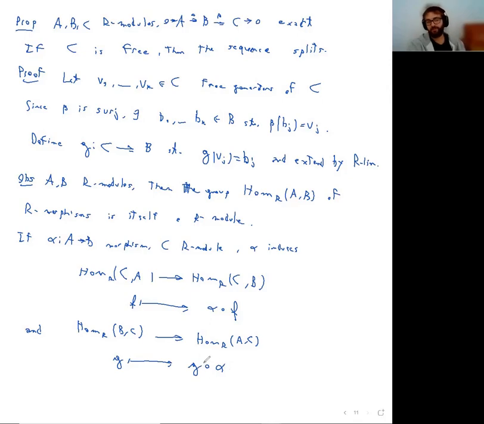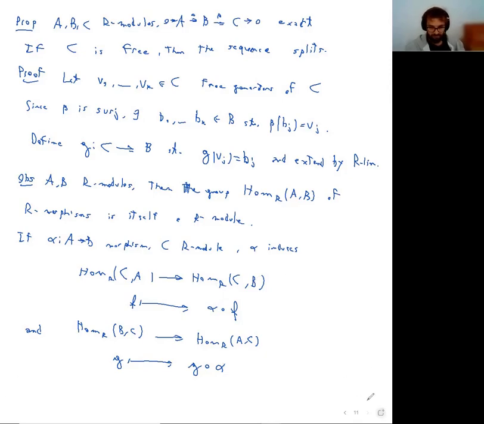So this is very much looking like a pullback. This is more like a pullback, and the other one is not.